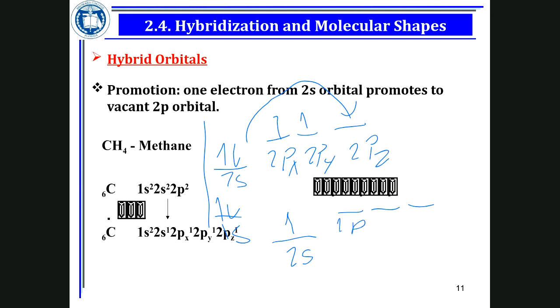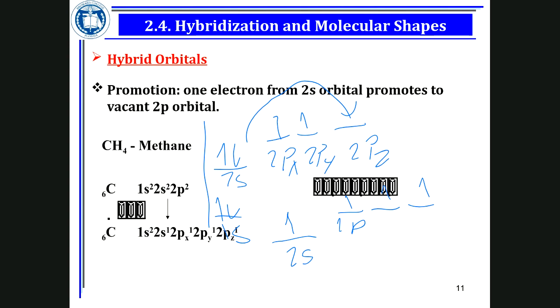So now it's going to make it easier for 4 hydrogens to form bonds with carbon. So this was a justification of how carbon can form 4 bonds.